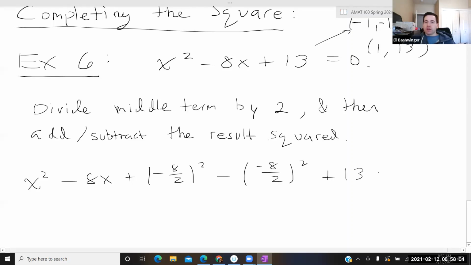And don't forget that you had this 13 over here. Now this simplifies a little further: this will be 4 squared, and then this will be 4 squared also.